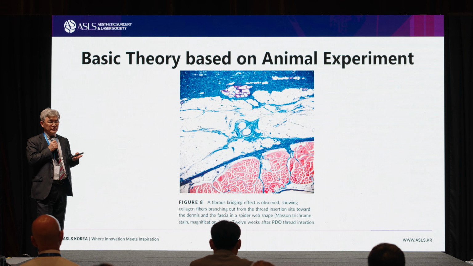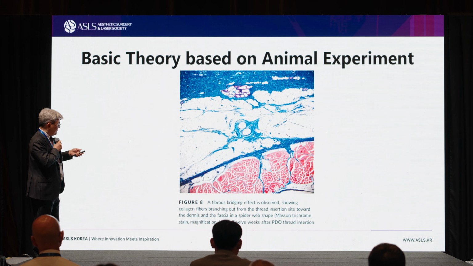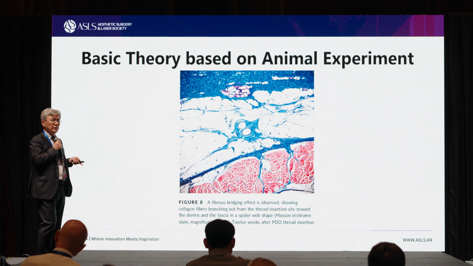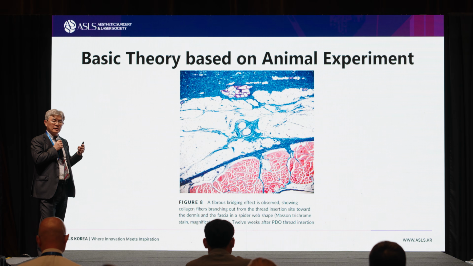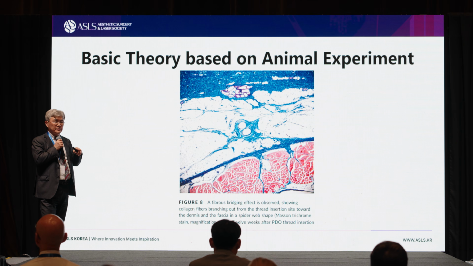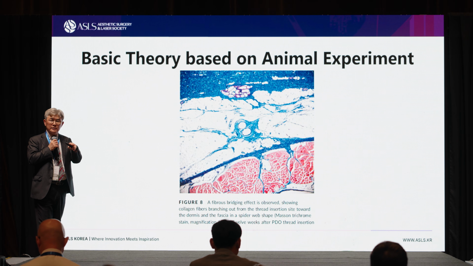This retinacular cutis hangs the skin on the bone. So we make this fibrous bridging in the subcutaneous layer. So when we do the PDO thread lift, we always keep similar depths and similar intervals. It's very important to get a more effective result.